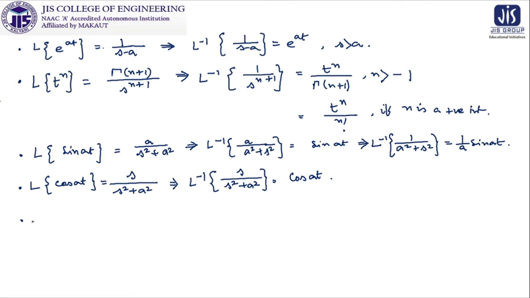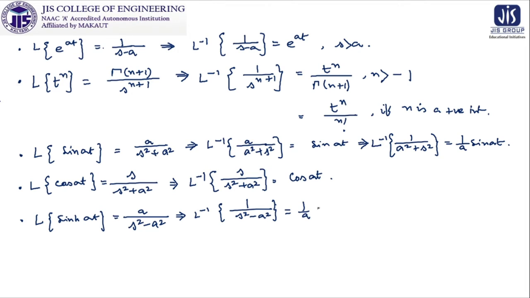Next, we are going for two more results. The Laplace transform of sine hyperbolic at is a by s square minus a square, which indicates that the Laplace inversion of 1 by s square minus a square is equal to 1 by a sine hyperbolic at, with the condition s is greater than mod a.